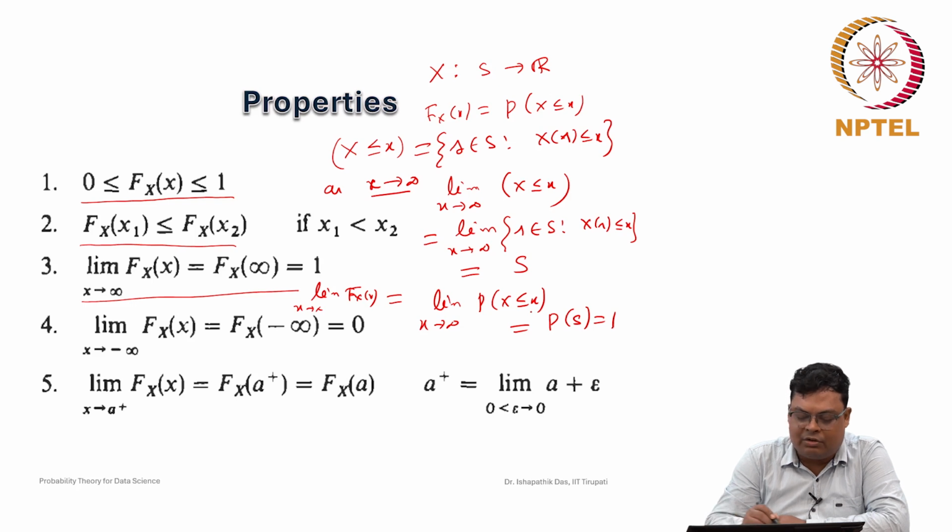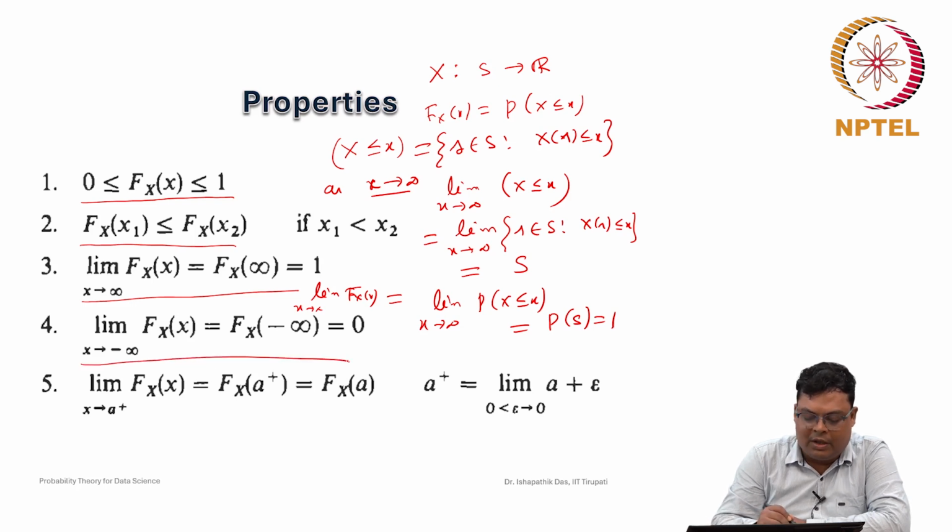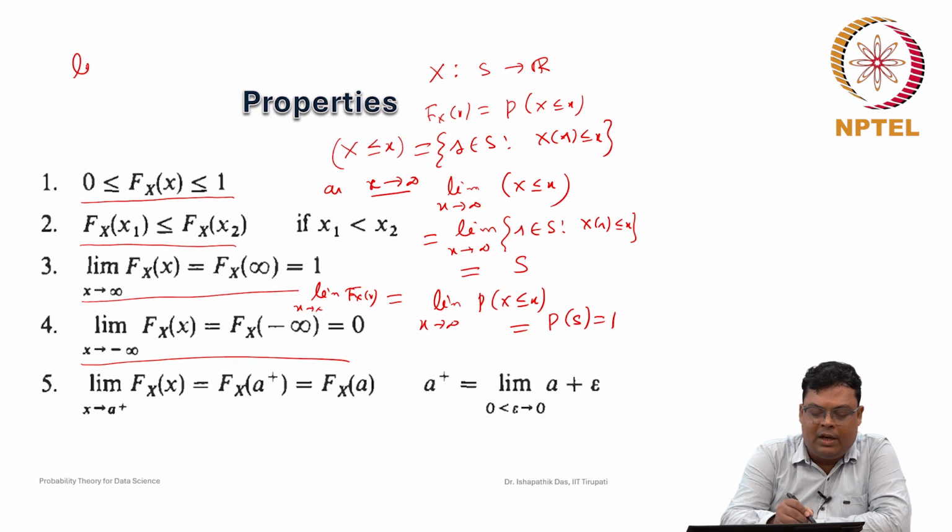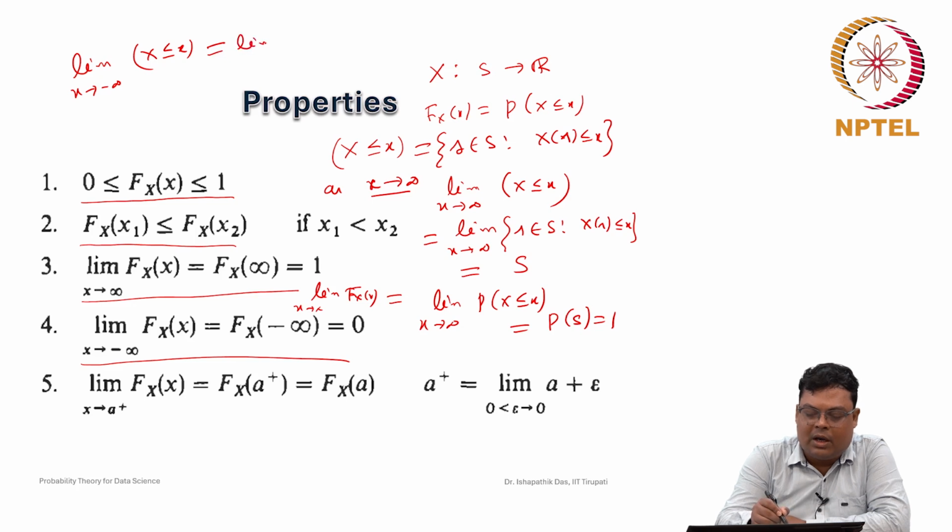A similar intuition works for the case when x goes to minus infinity. Here we consider the limit as x goes to minus infinity of the set where X is less than or equal to x. Because the range of X is a subset of the real numbers, X is always a real number.